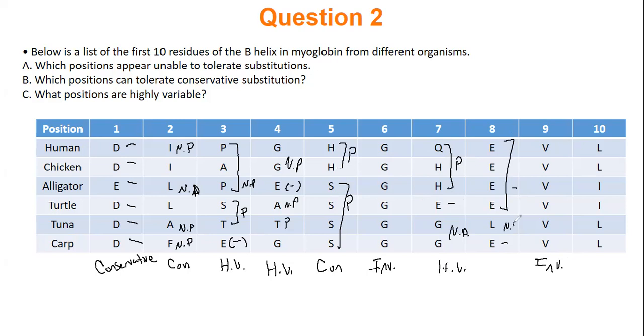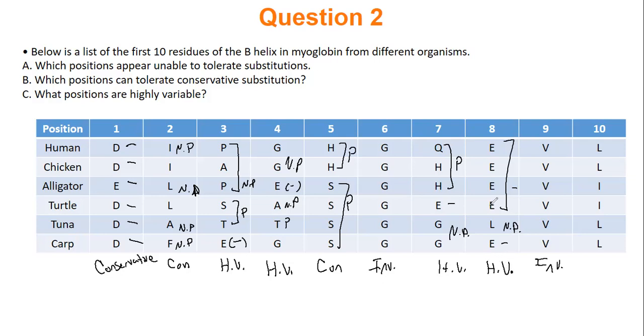But then you have this nonpolar thing hanging out. So this is an interesting case in that this can happen. This happens quite a bit in the real world. Going by our actual discussion, this would be highly variable.